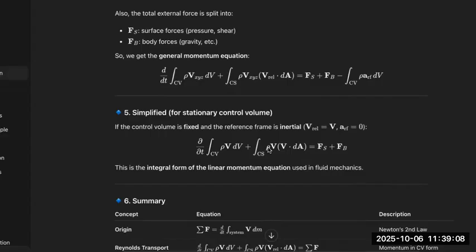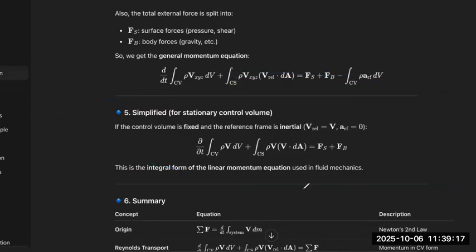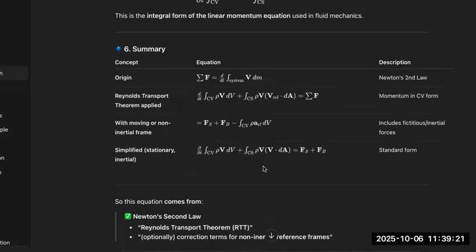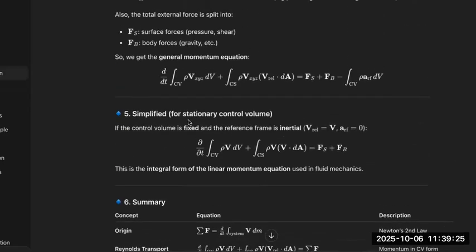Then this is the integral form of the linear momentum equation that is used in fluid mechanics. So here we have a short summary at the bottom. And this is actually the form for the stationary control volume that we will be using to solve our problem.